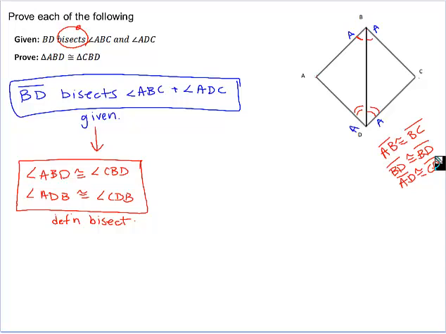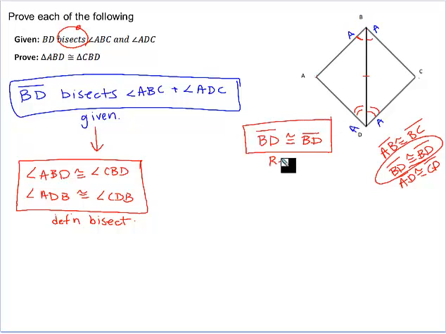Which of those three would be the easiest to prove? It's definitely the middle one, because it's clearly equal to itself because it's reflexive. That's something we can write in its own column because it's not flowing from anything else. It's just something that we can clearly see. So here I'm going to write down that BD is congruent to BD because it's reflexive.